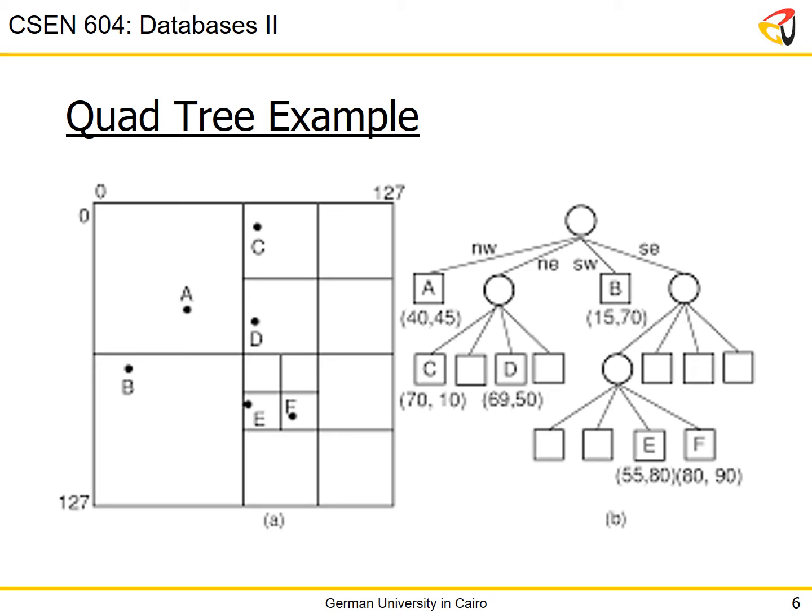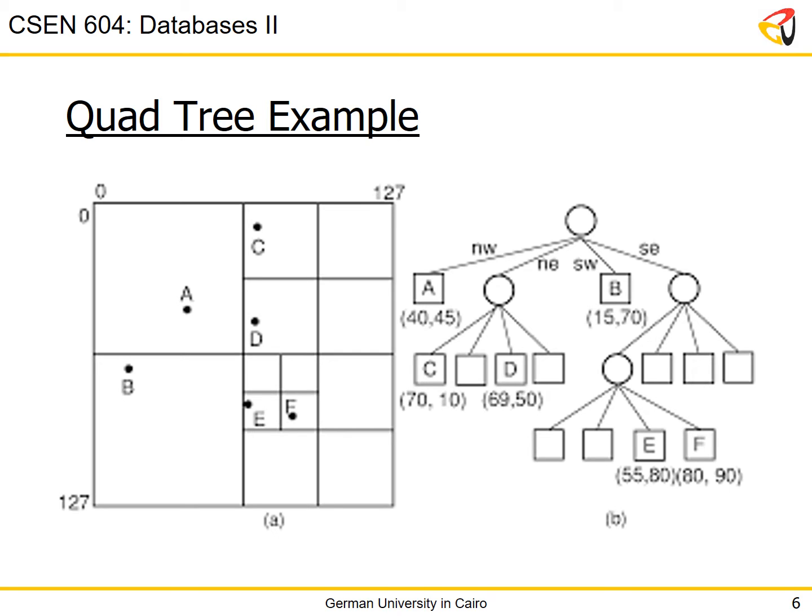We just have this map with the X and Y axis that stretches from 0 to 127 in the X axis, and similarly in the Y axis, and we have these points scattered around, A, B, C, D, E, and F. What we're going to do is imagine that the map itself is a big quadrant, which is going to be level 0 in the pyramid. And then I will split that into 4 equal quadrants.